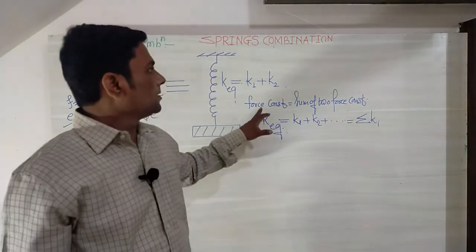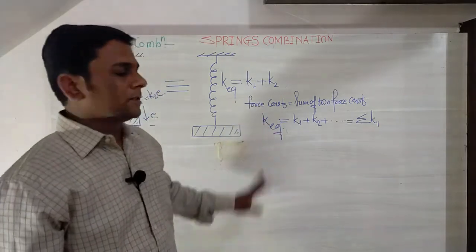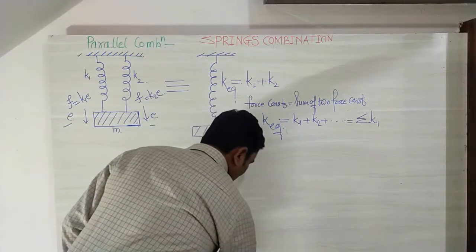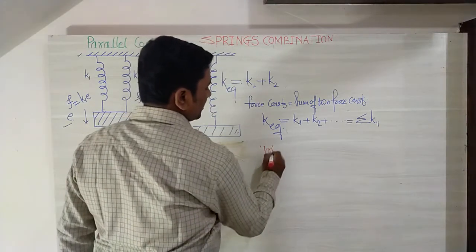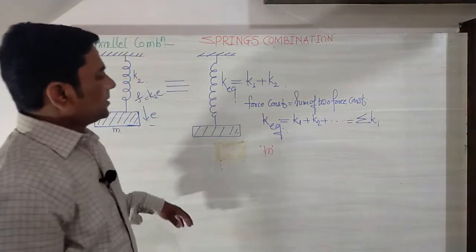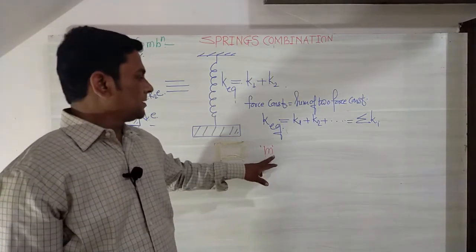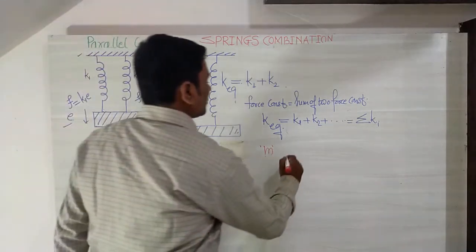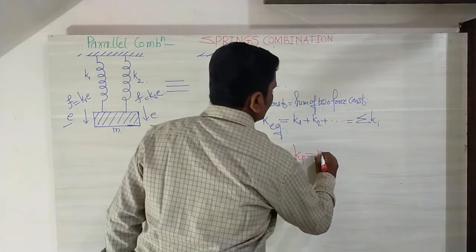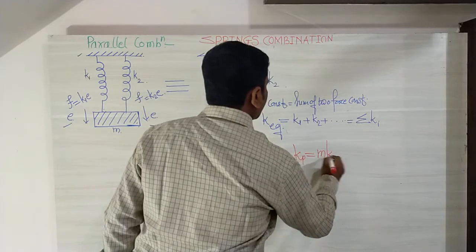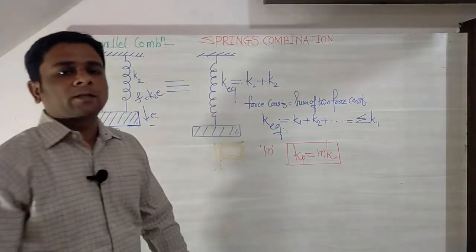That is the formula for finding the force constant in a parallel combination. Suppose we take m identical massless springs, then the force constant Kp in parallel is equal to m into K. Remember that formula, it is very important.